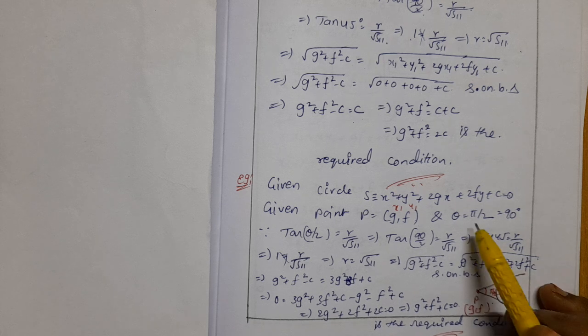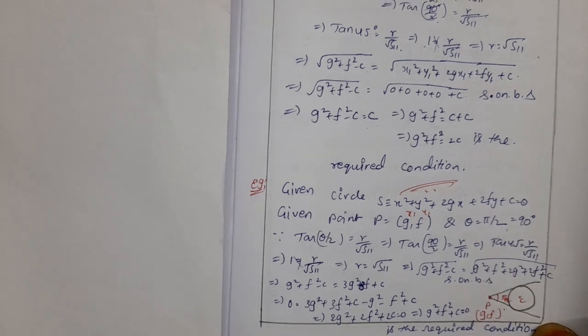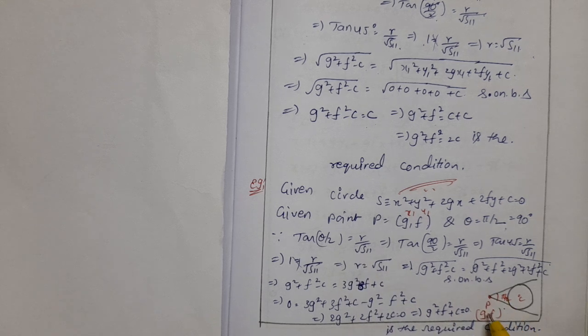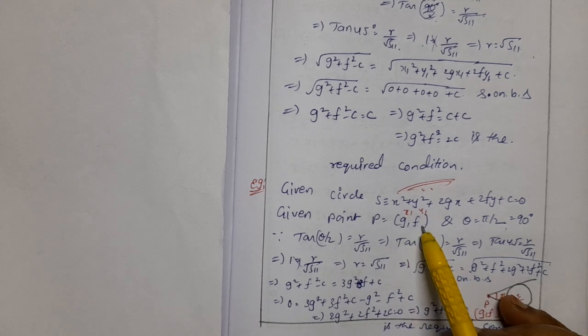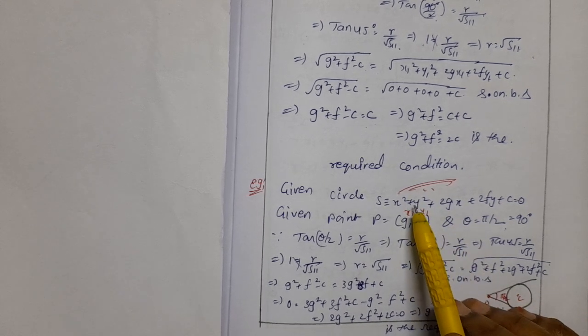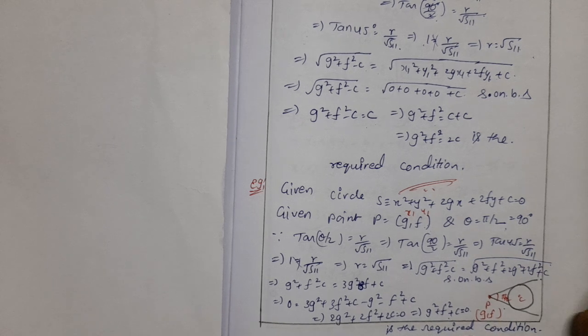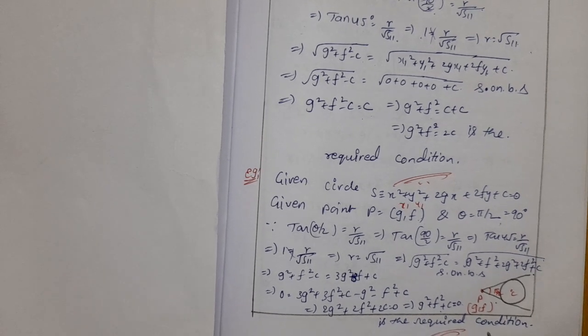So theta equal to 90. Put theta equal to 90 in this formula and g comma f in the given circle. Then we get the S11 notation. Then g square plus f square plus c equal to 0 is the required condition for the perpendicular tangents.